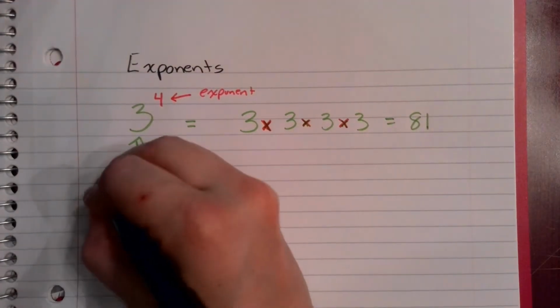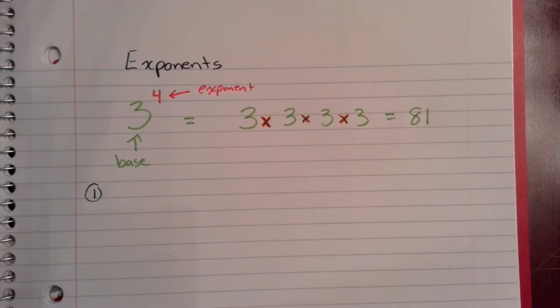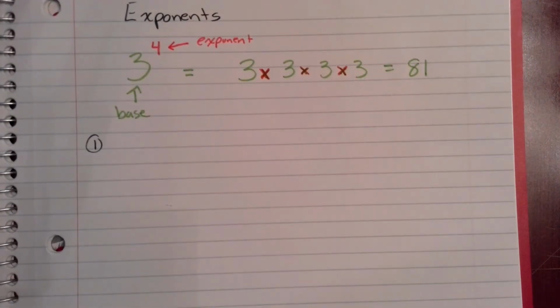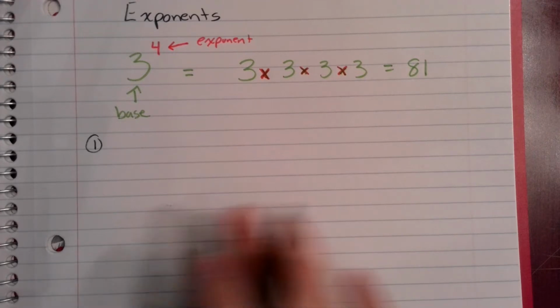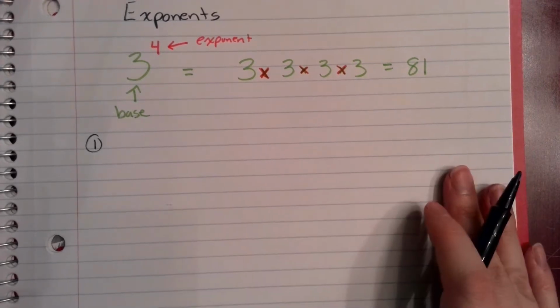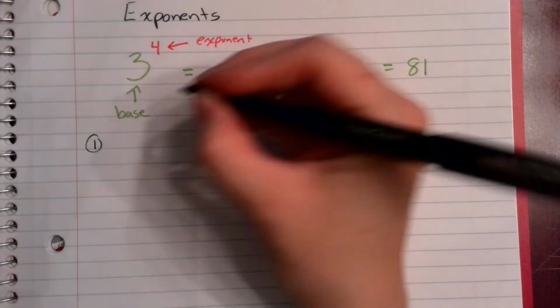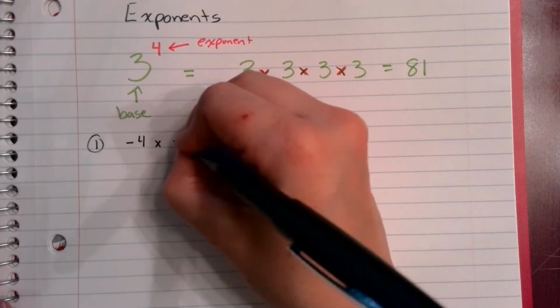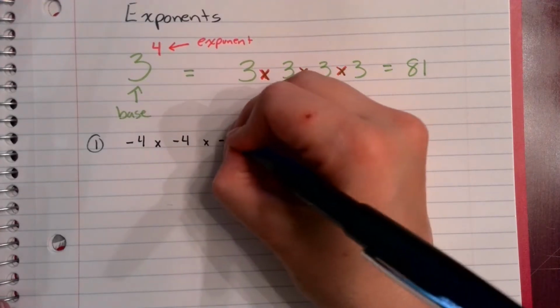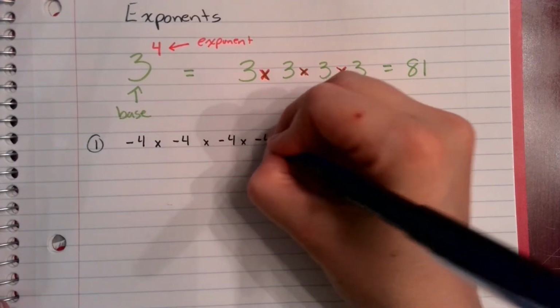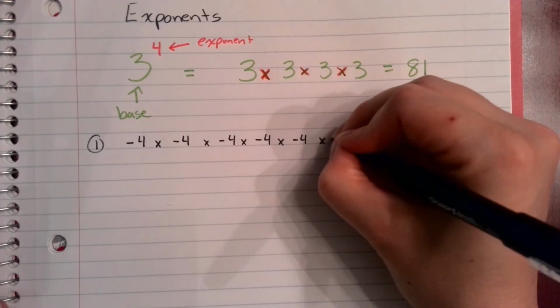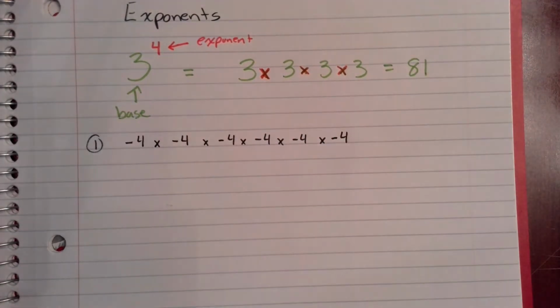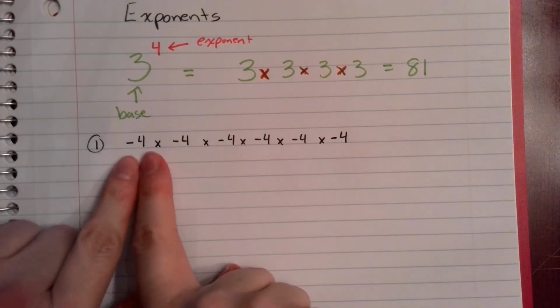I'm going to show you a couple of examples of how to write something that's in expanded form and put it into exponential form. So if we have something like -4 times -4 times -4 times -4 times -4 times -4, I'm repetitively multiplying the value -4.